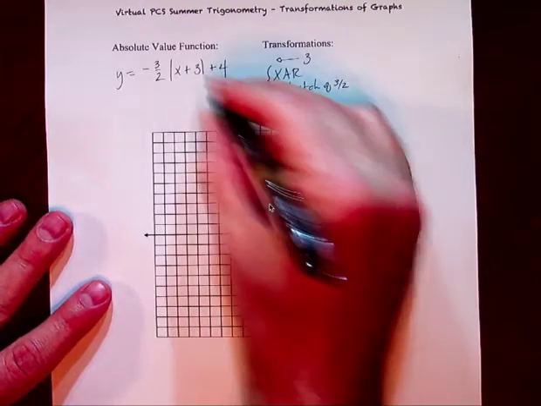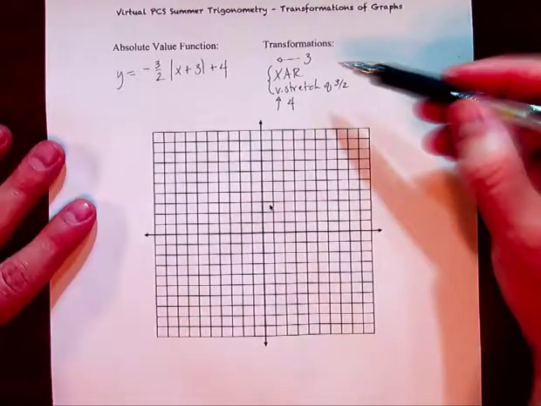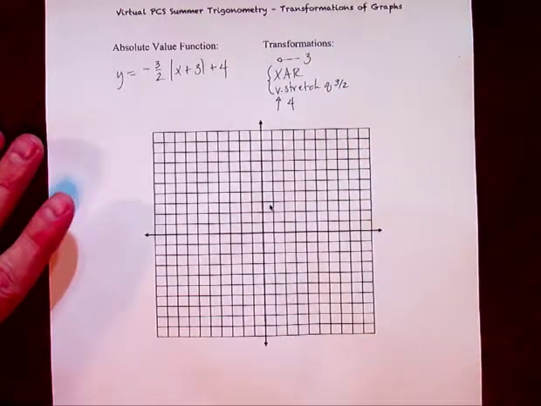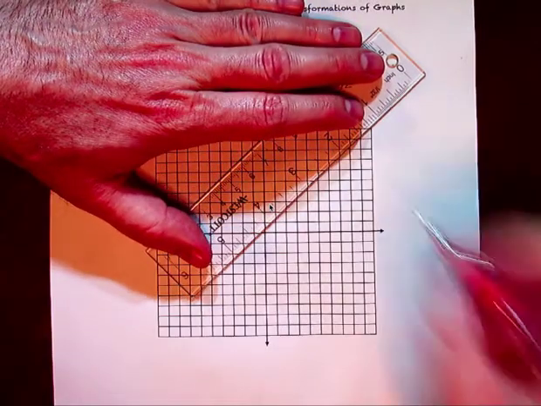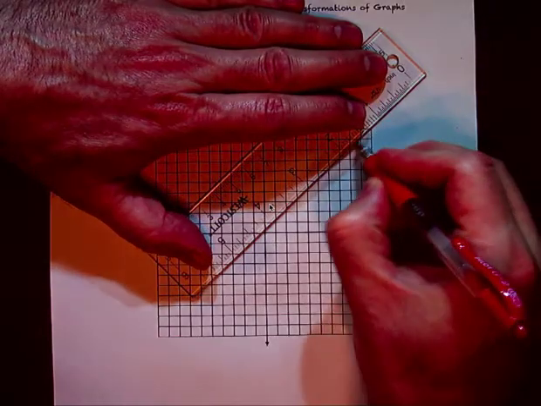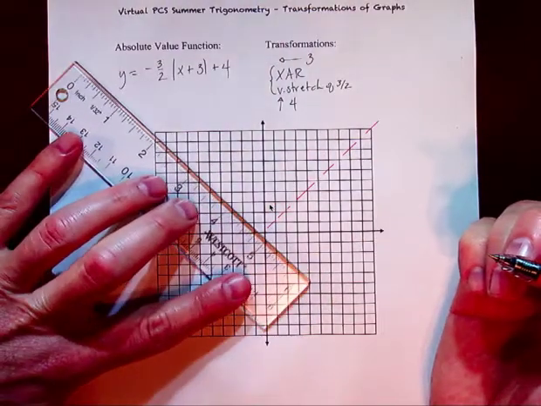And then the plus 4 is going to move us up 4 units, and it is in that order, okay? Now let's go ahead and draw the parent function. It's always a good idea because this is the thing that our transformations are being done to.